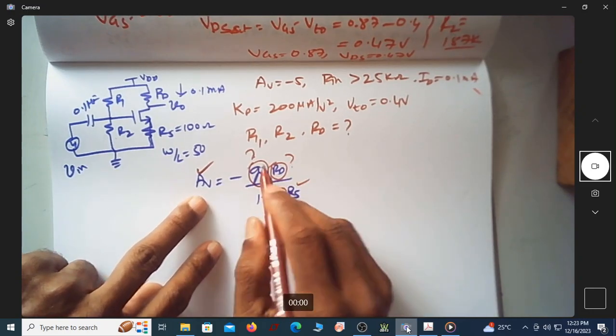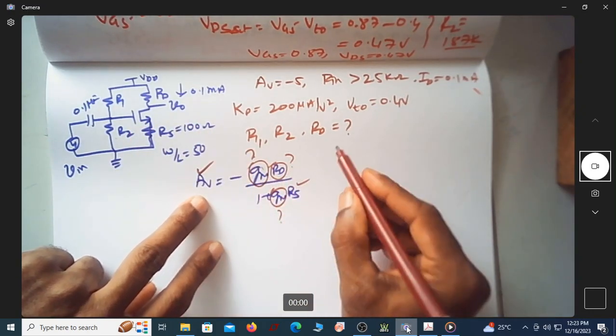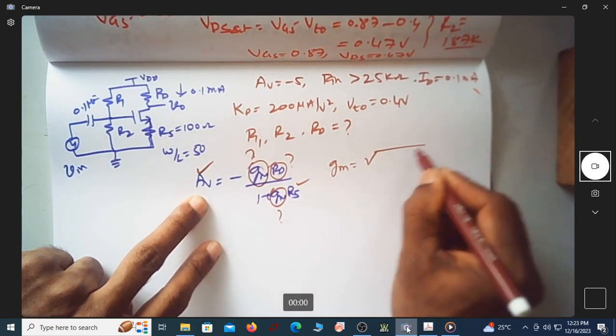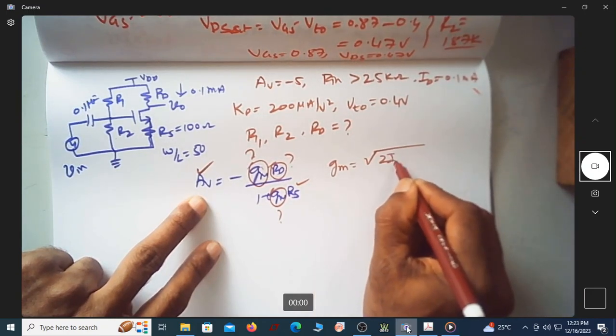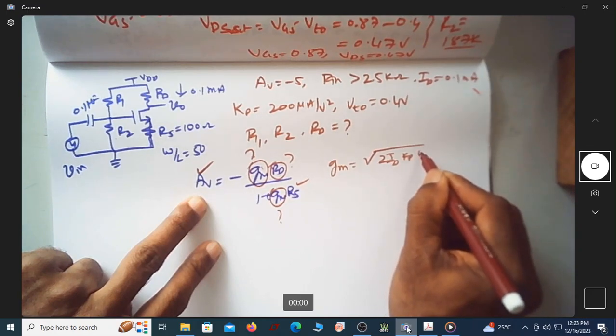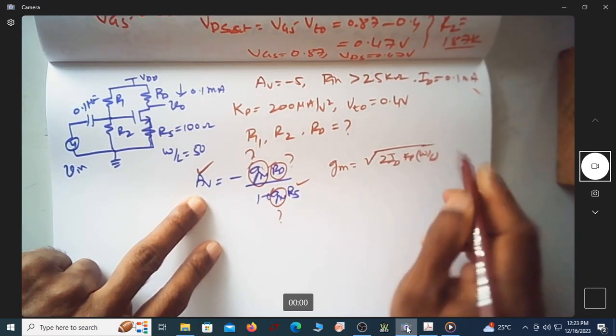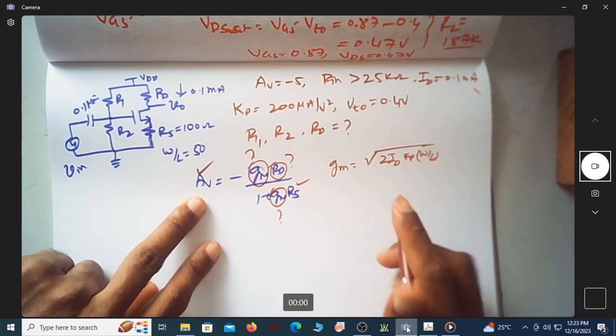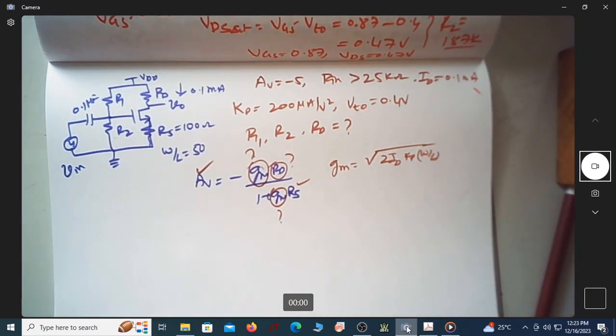So can we get the value of GM from the available data? We know the expression for GM is equal to square root of 2 ID Kp into W by L. Because I know all the values, I can find out the value of GM.